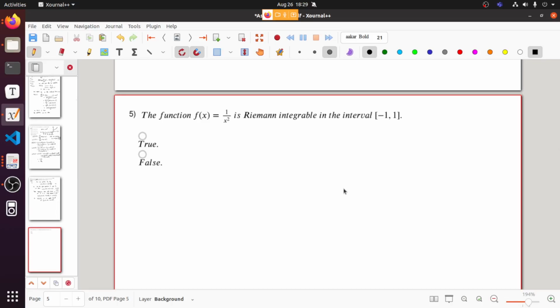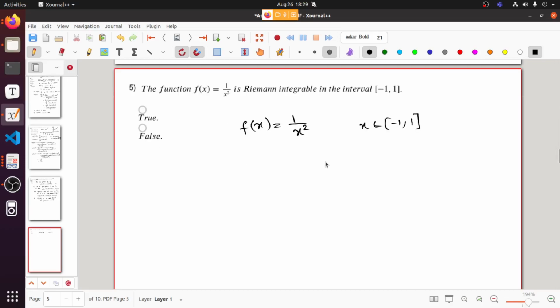A function is given, f of x equals 1 by x square, in the interval x belongs to minus 1 comma 1. You have to check whether it's Riemann integrable or not. First of all, it's not defined at the point 0, because it will be infinite, it is undefined.